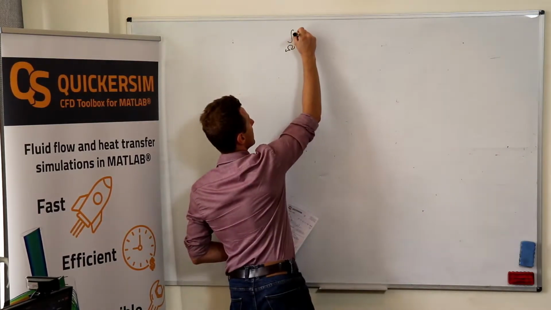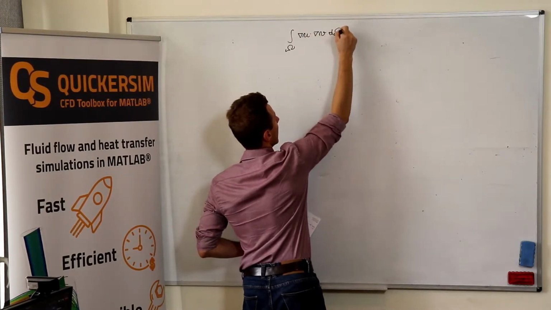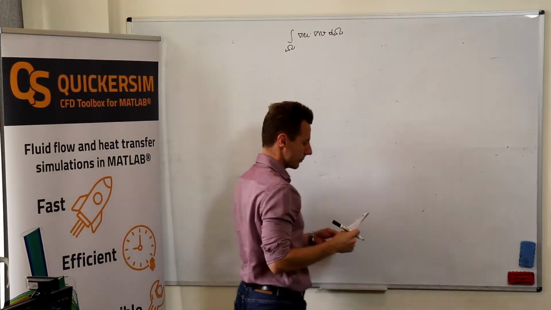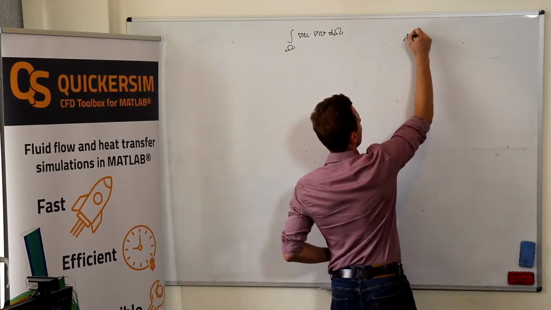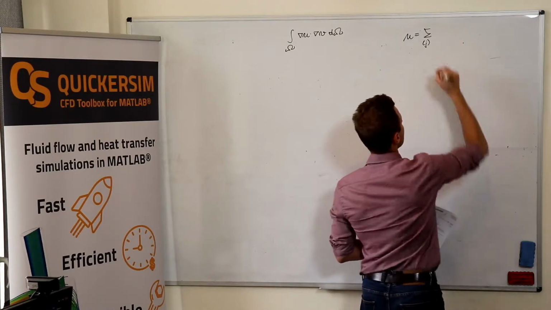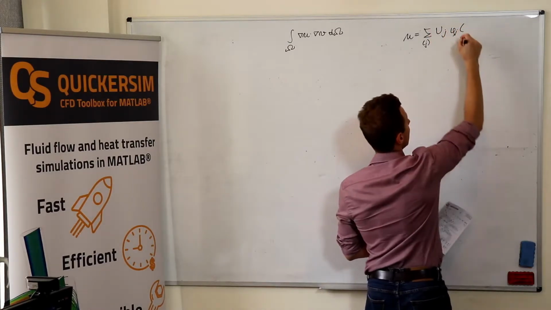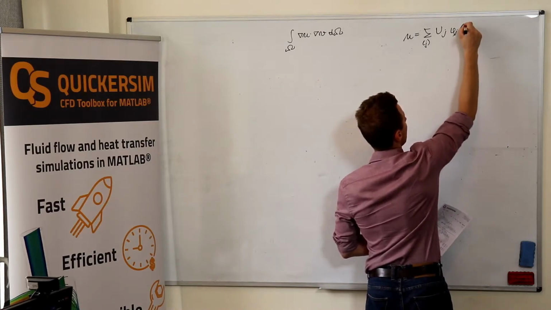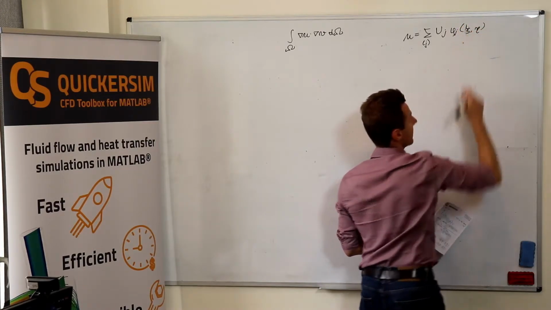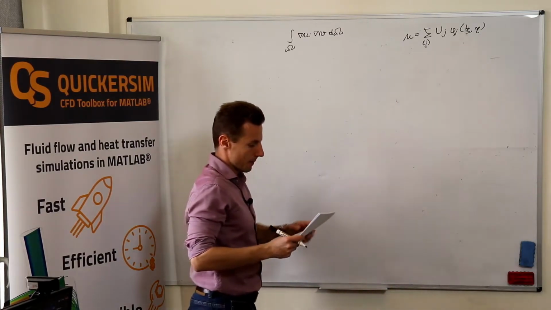Okay, what we need to discretize is something like that. And we remind that u is the sum over j of u_j phi_j at psi, eta. The shape functions are defined in the reference domain.